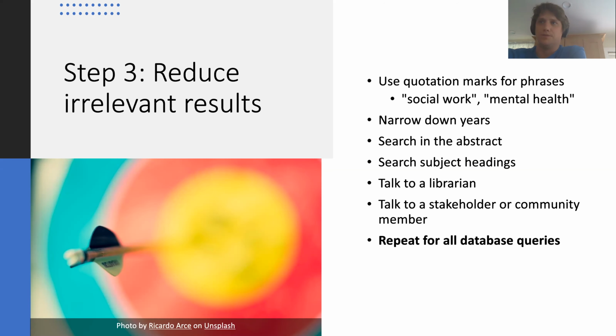So searching specifically within the abstract, using the subject headings for library databases that are created by the people who use those databases and who make sure that the databases have relevant articles. They create those subject headings to help you in order to browse different articles that are related on the same topic. Also, a great place to start is to talk to a librarian.